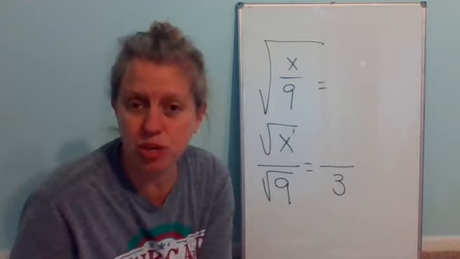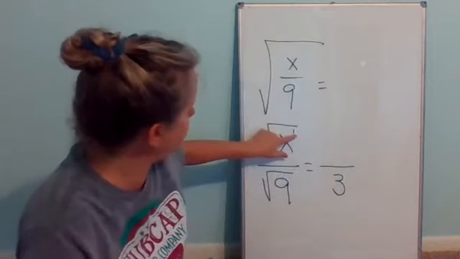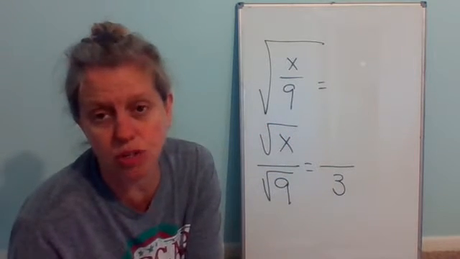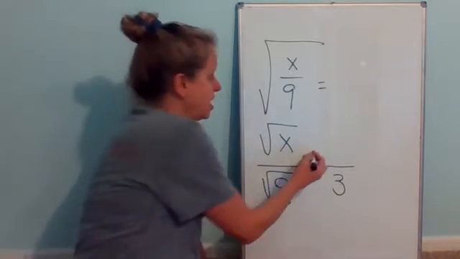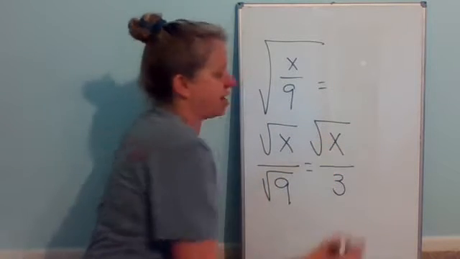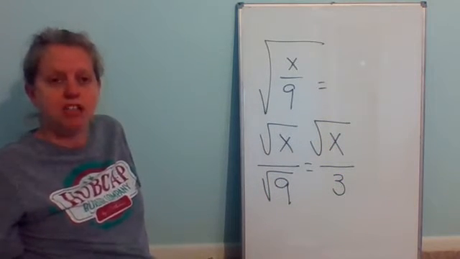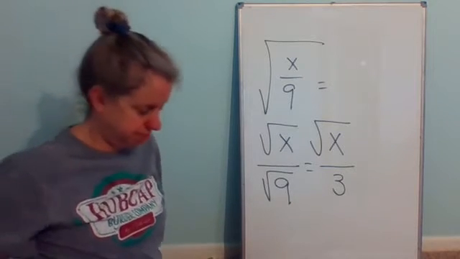You would divide it by 2. That's our shortcut, is we want to be able to divide this exponent by 2. Well, 1 is not big enough to divide by 2. It's not even 2 yet. Okay, so I'm just going to leave this just like it is. I can't simplify the square root of x. I can't divide its exponent evenly by 2. Okay?